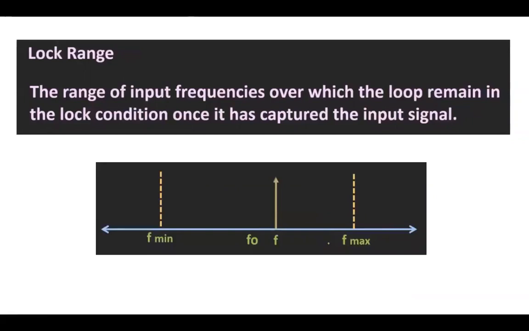Now, what is the lock range? The lock range is the range of input frequencies over which the loop remains in the lock condition once it has captured the input signal. Now, I was talking to you about this cruise control and automated driving. In this cruise control, you have the option to control the speed. It can just go in a single speed.